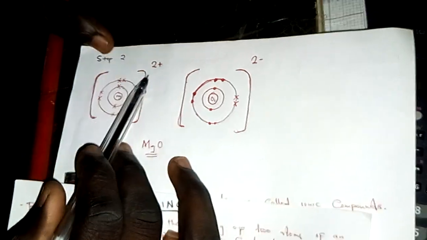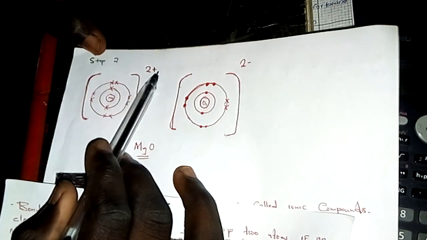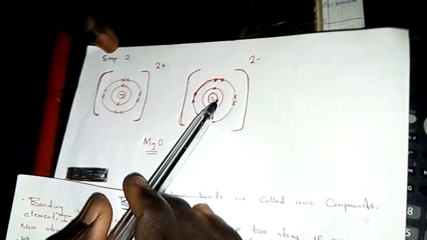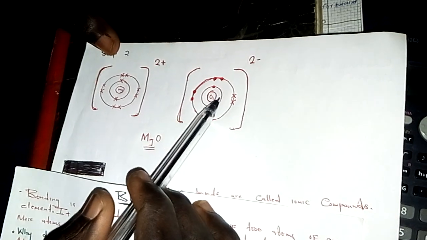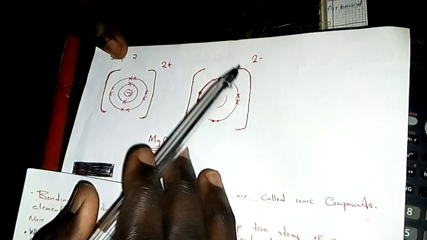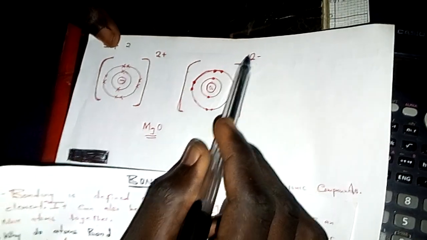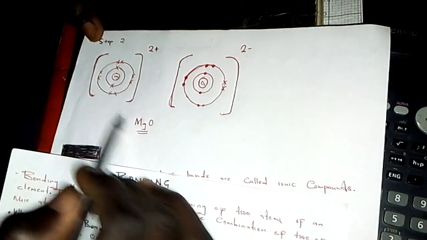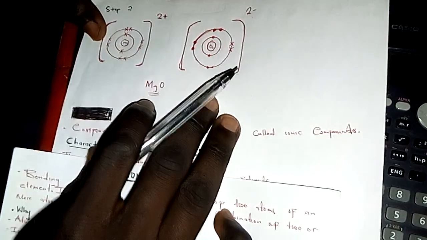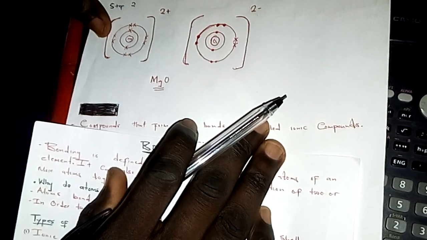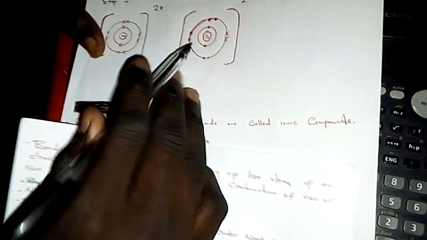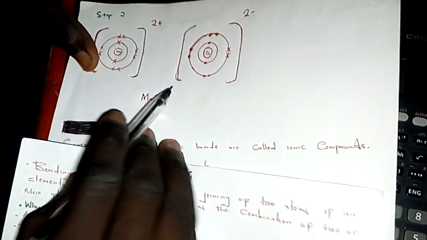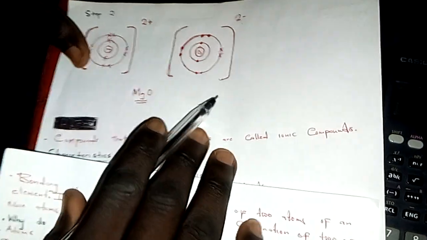Magnesium has formed a charge of 2 positive because it has lost 2 electrons, and oxygen has gained 2 electrons, so the charge of oxygen will be 2 negative. So this is how you can write an ionic bond. Very simple and straightforward.